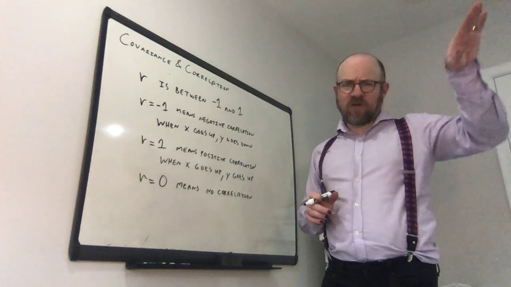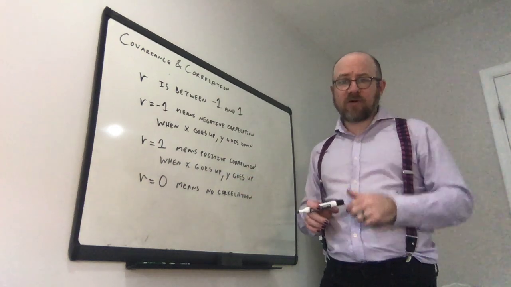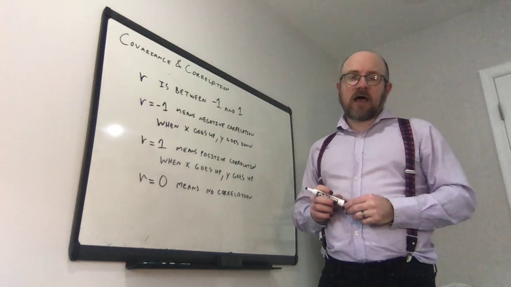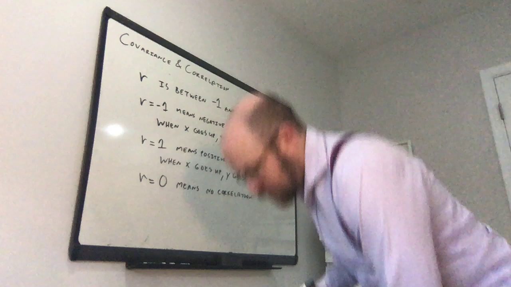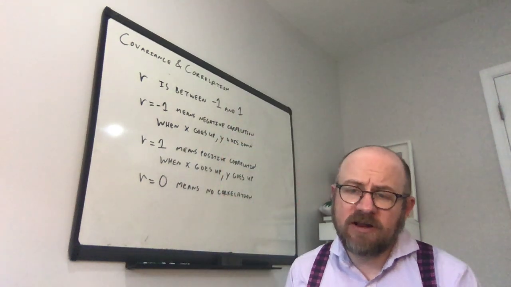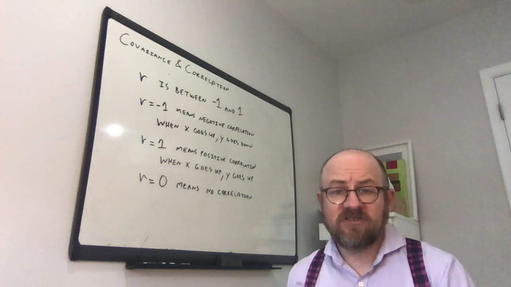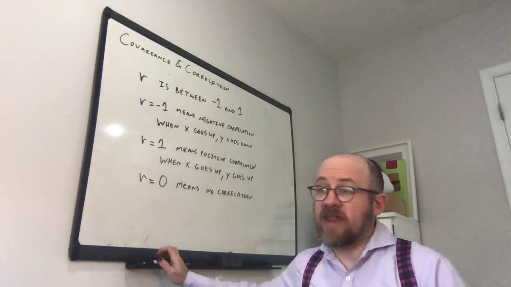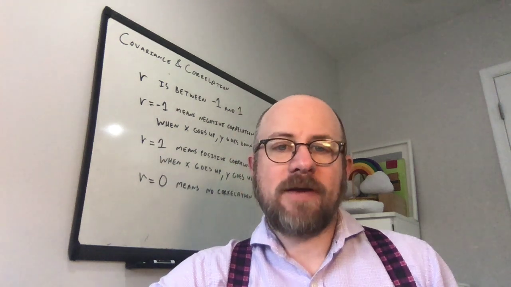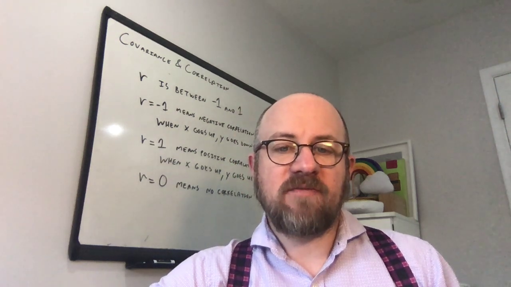And then you can tell whether it's positive or negative by whether the line goes up or down. So Excel uses that. R squared, we'll talk about this when we talk about the regression line. R squared gives you the percentage of the value that is kind of determined by the regression line. Okay? And that's the piece that a lot of people are interested in.